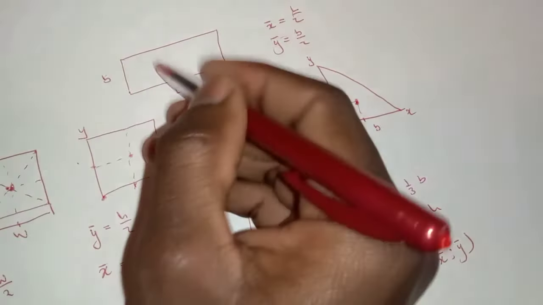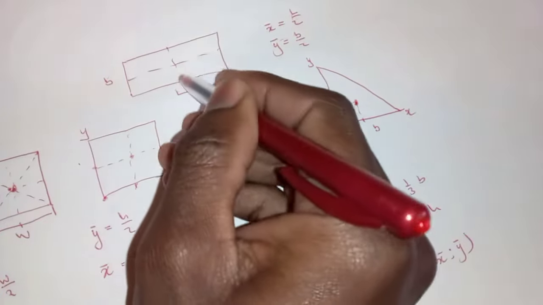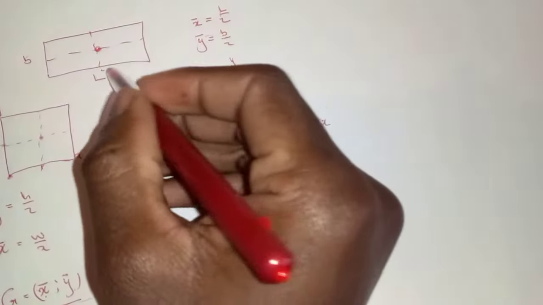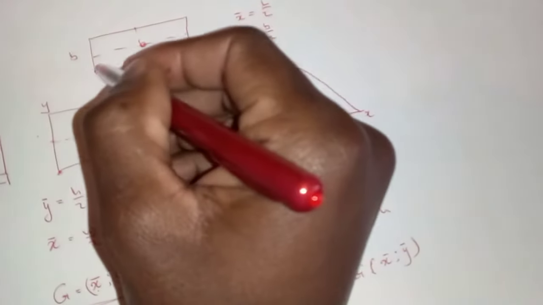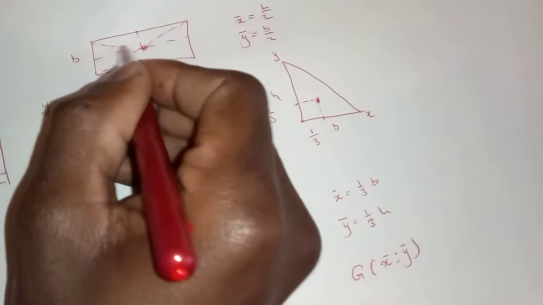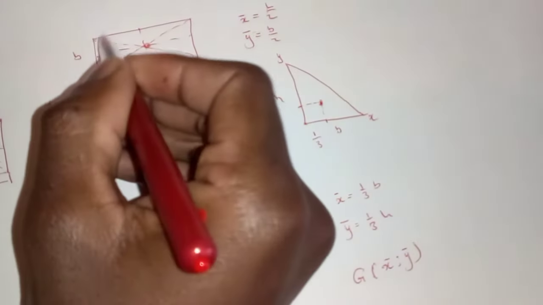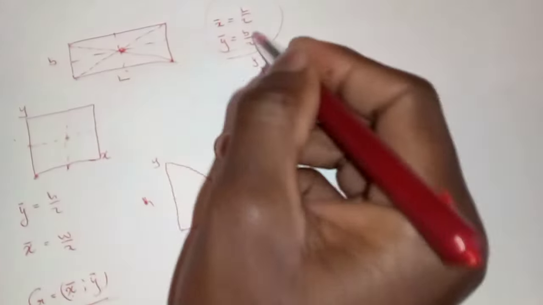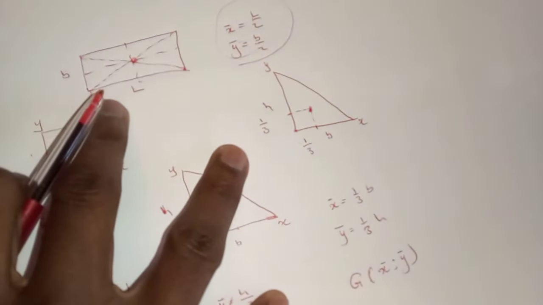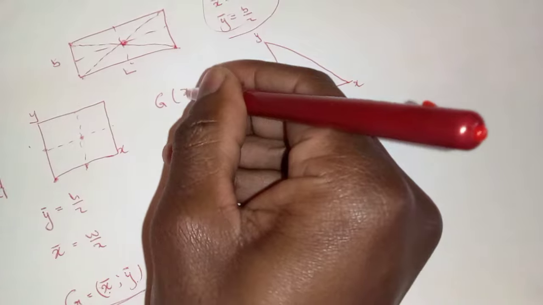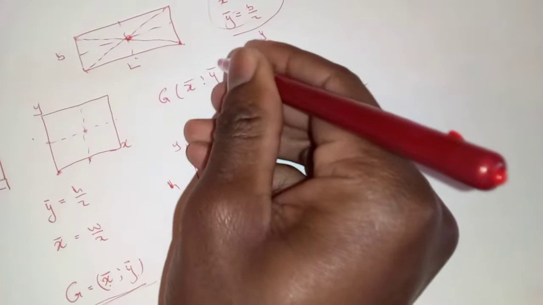Because we can tell that the centroid will be at this center. Meaning we can just use that other method that we did, draw a line from this corner to this corner, from this corner to this corner. That will be your centroid. So you can say the length divided by 2, the breadth divided by 2. That will give you the coordinate of your centroid.